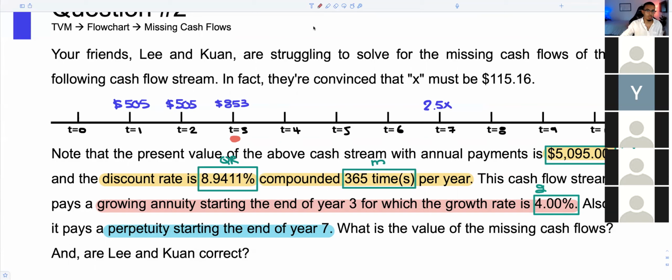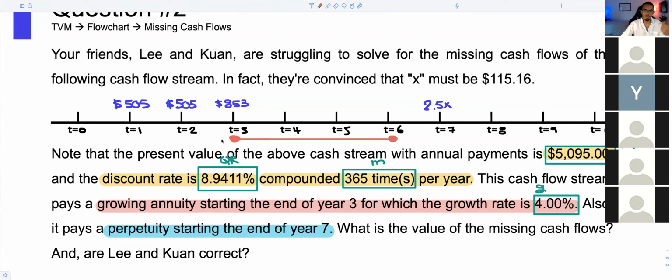If we know a perpetuity begins at t equals 7, exactly. This is a trick that they may do. They may be as annoying as this. It's rare, but in the case that they try to get you to deduce something, well, if the perpetuity begins at year 7, obviously our growing annuity would be essentially the portions between.